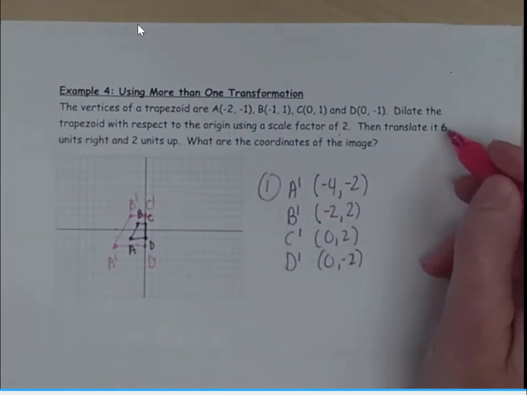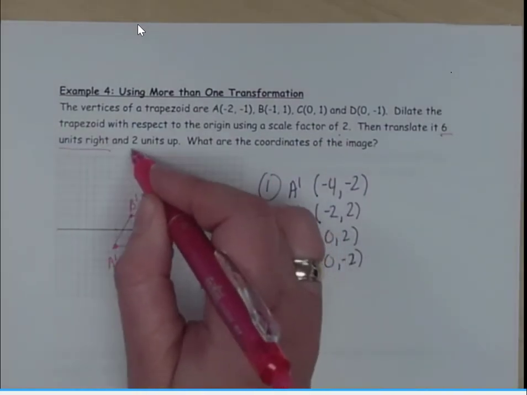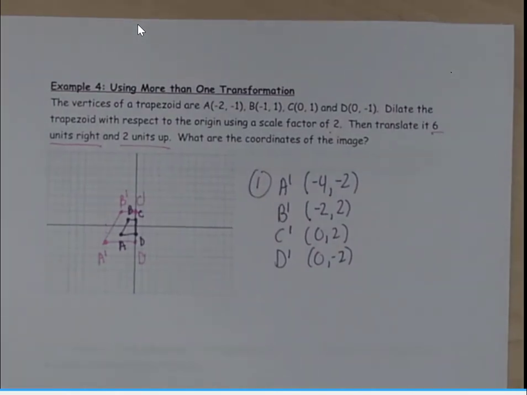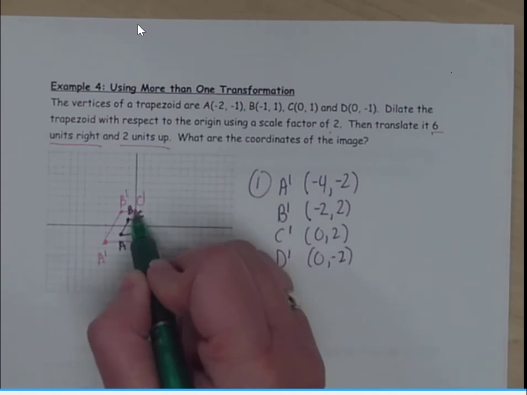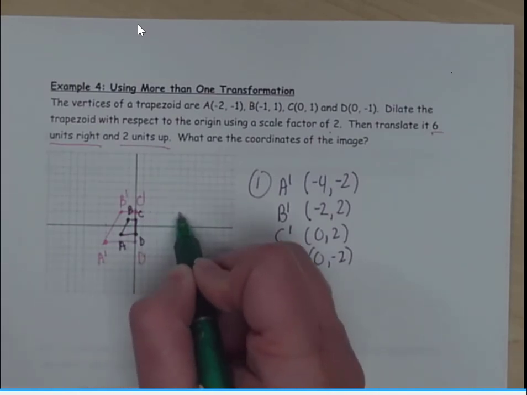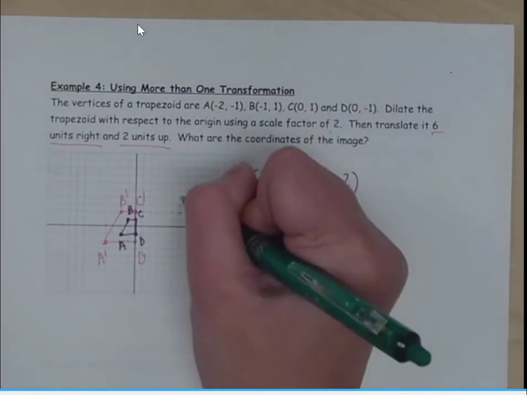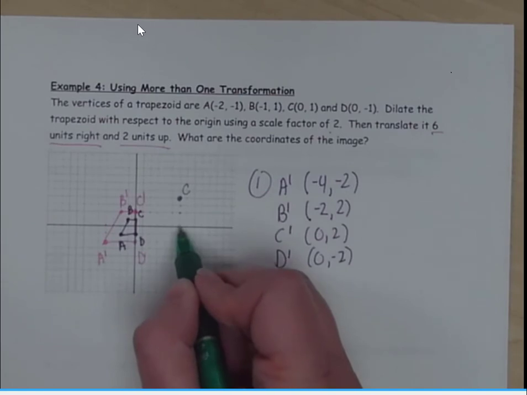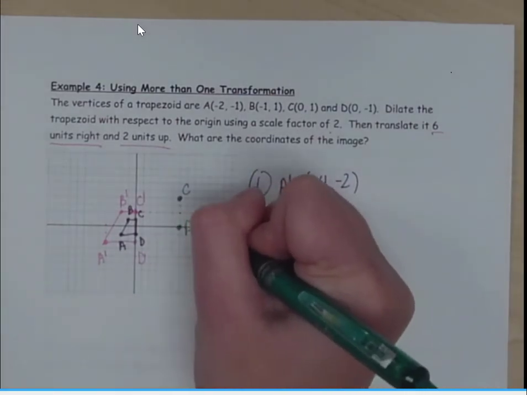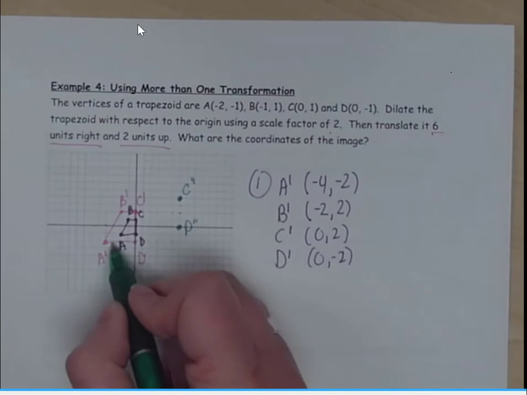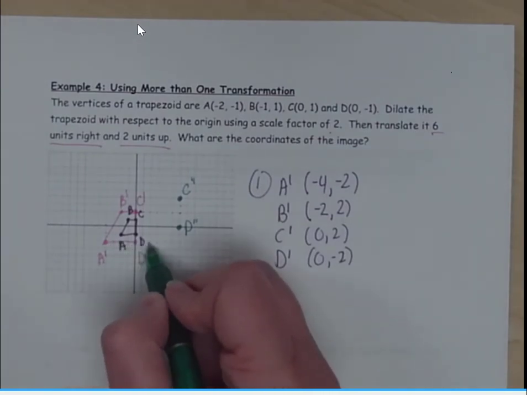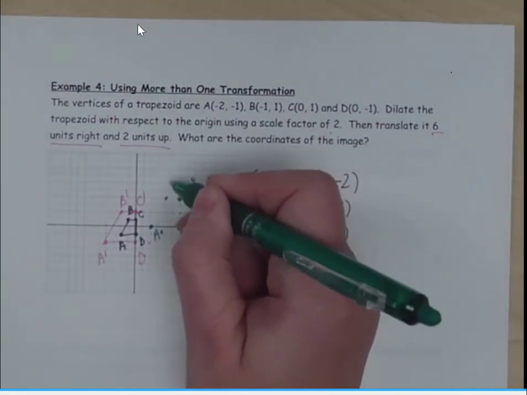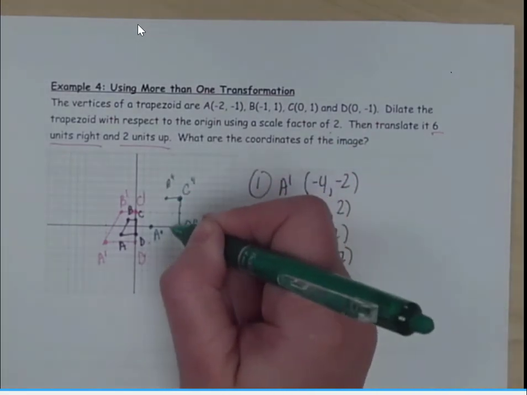Now the directions say translate 6 units right and 2 units up. All right, so let's see, 6 units right, 1, 2, 3, 4, 5, 6, 2 up. So this is C prime, so 1, 2, 3, 4, 5, 6, 1, 2. Double prime, A double prime, and then B double prime.